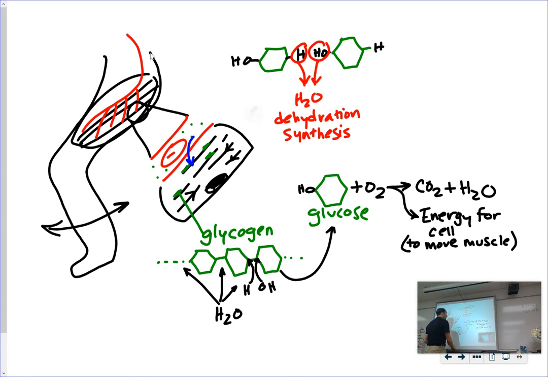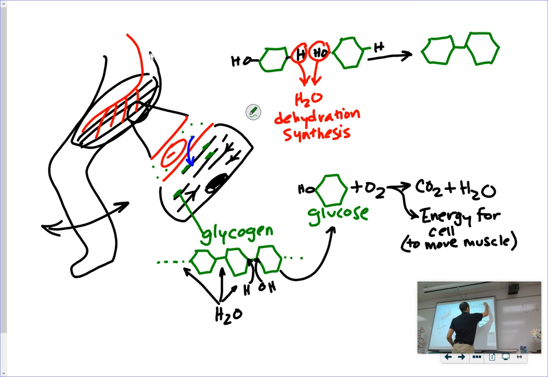And after that water is removed, you'll end up with the glucoses combined. So every time, if I lose another water, another glucose can be added. On and on and on.